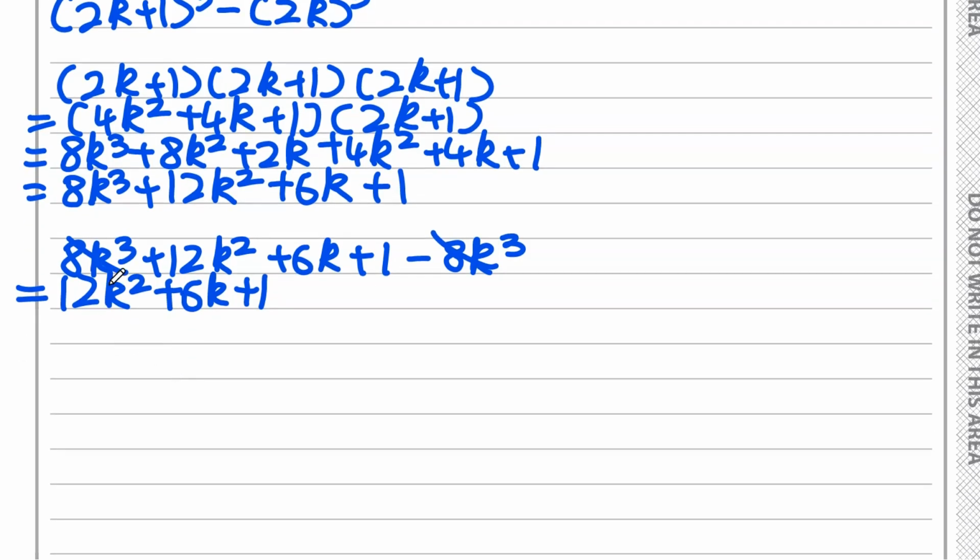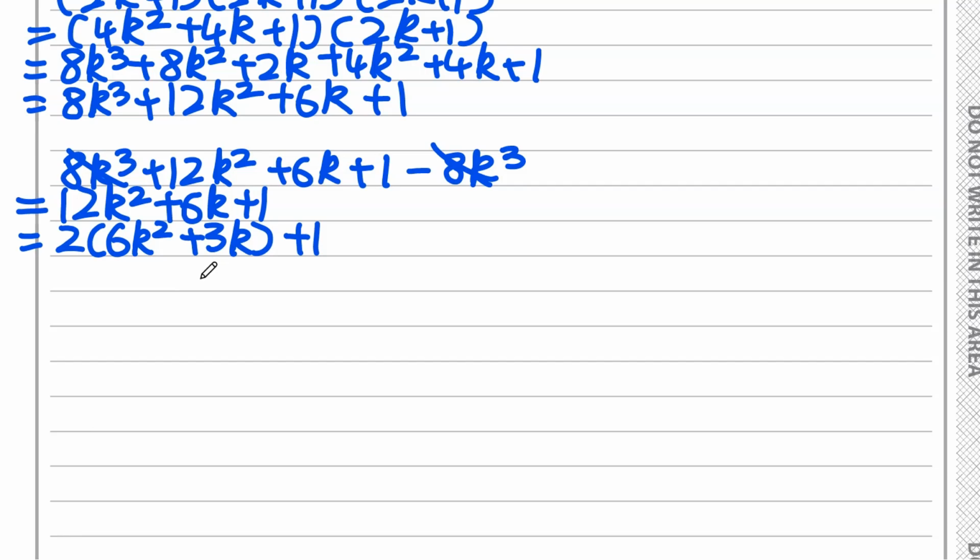The way that we can do this is to factorize out 2 from the 12k^2 + 6k, so it's 2(6k^2 + 3k) + 1. This is going to be odd. The reason is that 2 times (6k^2 + 3k) is even.